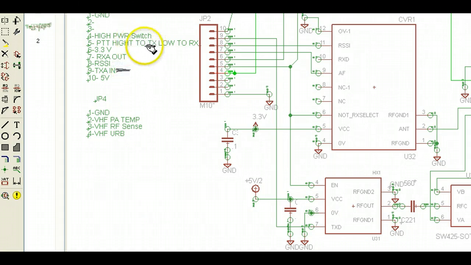We have to tell the transmitter to key up. That comes in on pin 5. And if this line is high, we now put out a power of about 1 watt. If it's low, we put out about 300 milliwatts. And that is the transmit side of the low-speed modem. So until next time, keep chugging.